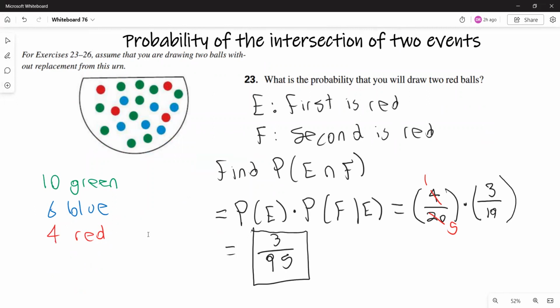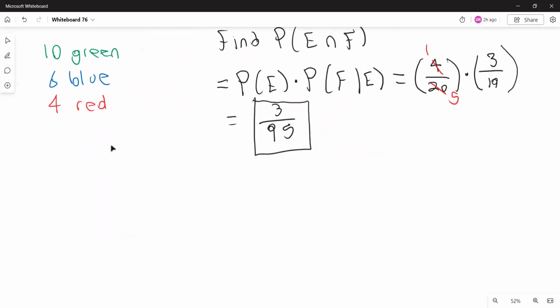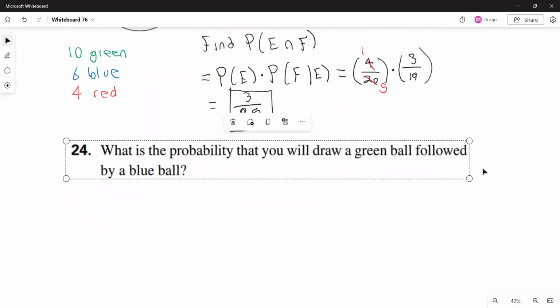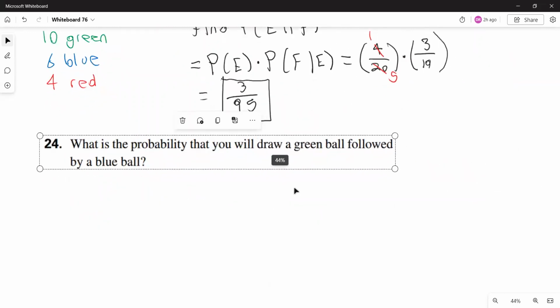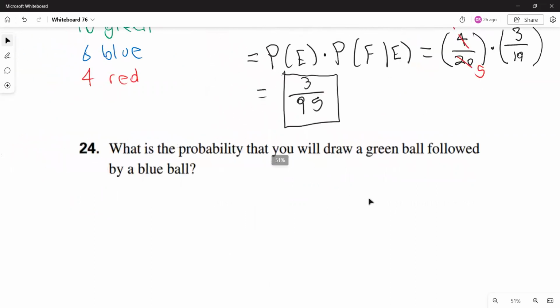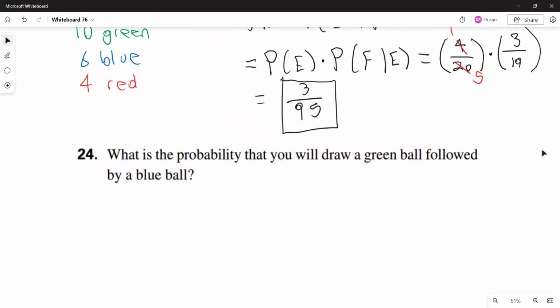And number 24. What is the probability that you will draw a green ball followed by a blue ball? So let's give the names again. Event E is that the first is green.